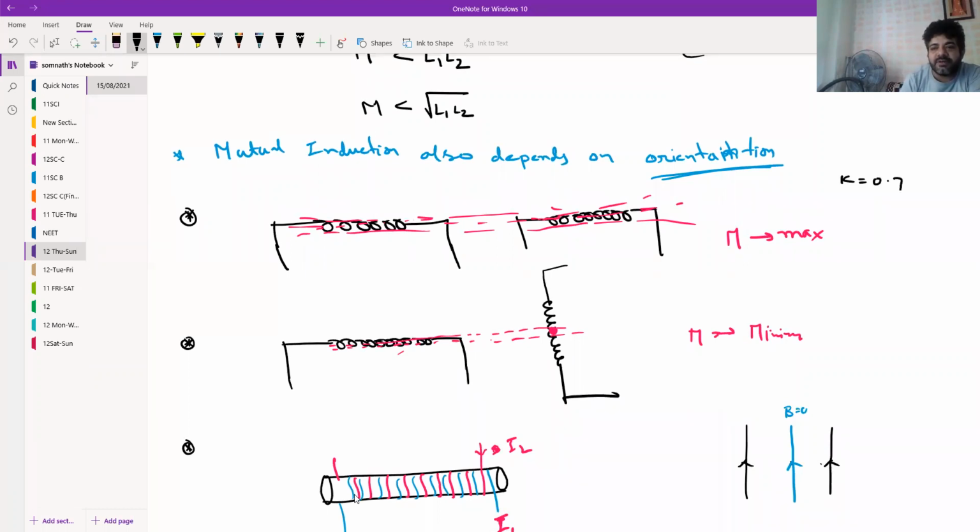Suppose here the coupling constant is 0.7, here the coupling constant is 0.9. So who is more accurate? This one. Whose mutual induction is higher? This one. But they never achieve exactly 1. Understand? 1 is like a mythical thing that doesn't exist. Okay? Ideal. Okay? Understand? Yes, sir.